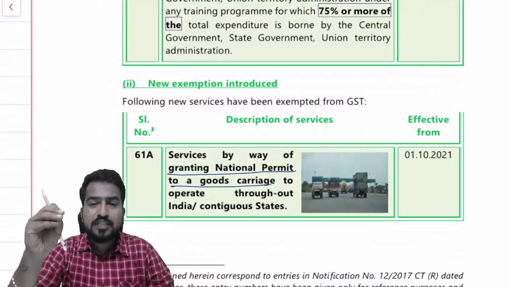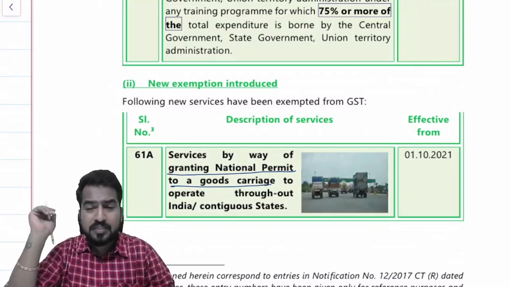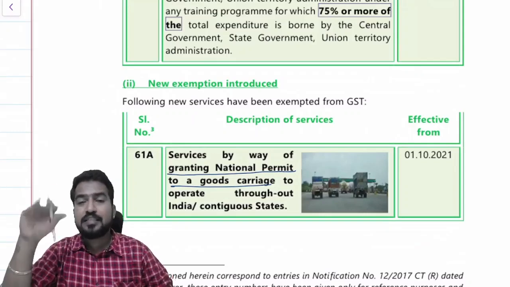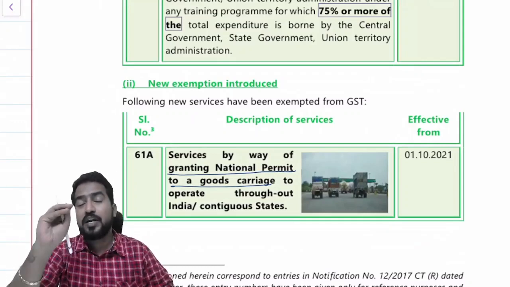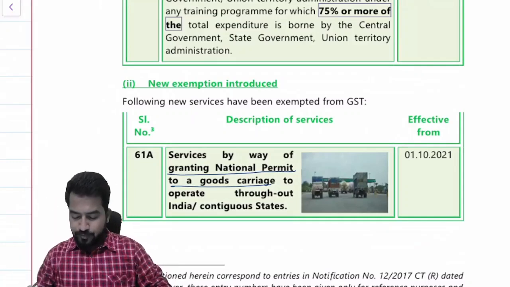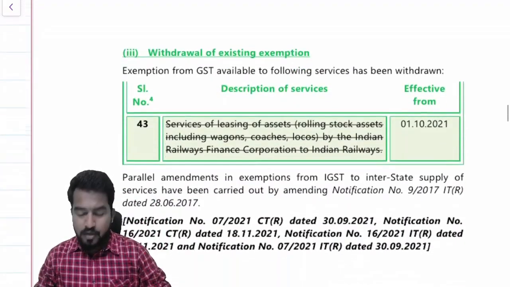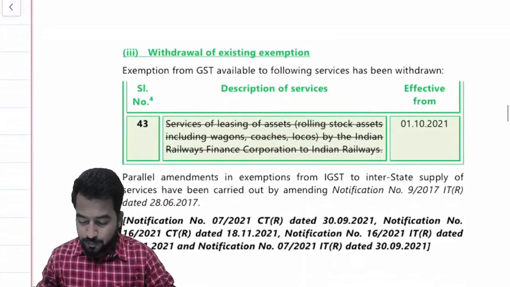That means the consideration paid by the owners of goods carriage vehicles or any other persons to get the national permit for their vehicles is exempt from GST. Very simple. So that is the only exemption which has been added, and that is there in your amendments.